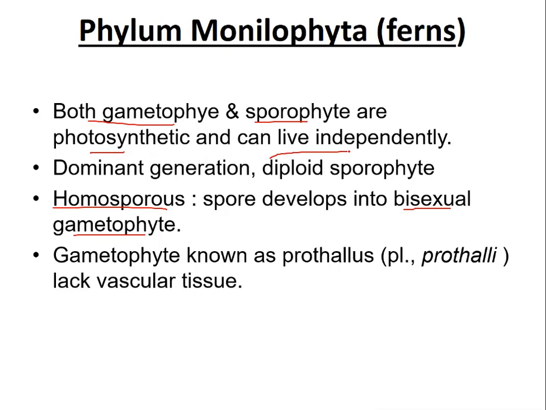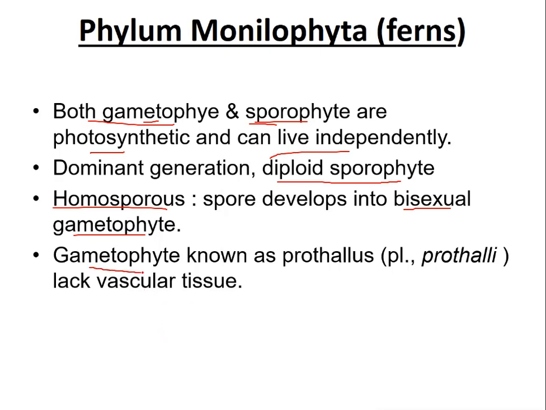If we look back at Bryophyta, the sporophyte is attached to the gametophyte. But for Monilophyta, the gametophyte and the sporophyte live independently and both can make their own food. That's why they are called photosynthetic. The dominant stage of the life cycle is sporophyte. Fern produces spores that develop into bisexual gametophyte.